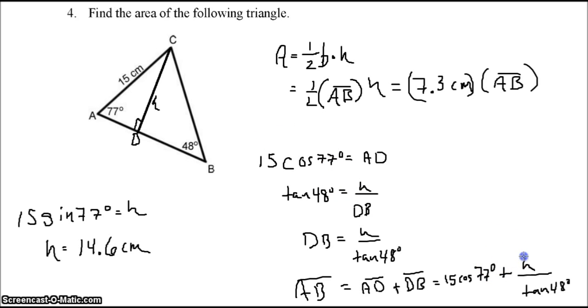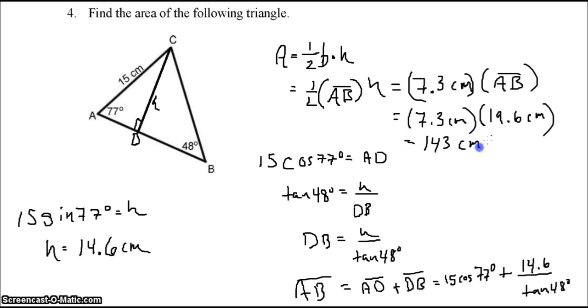So I'm going to replace this h with 14.6. I'm going to put that in my calculator. Got 19.6 centimeters. Multiplying those together will give me the area, which is about 143 centimeters squared.